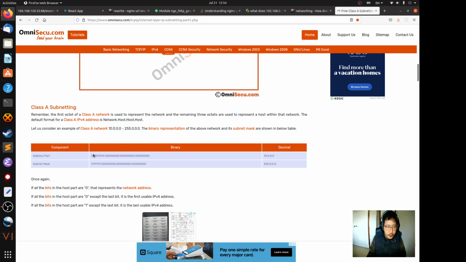All right, so this is a network address, and this is in binary, and I want to stress that for a default Class A network, the network address is divided into two parts.